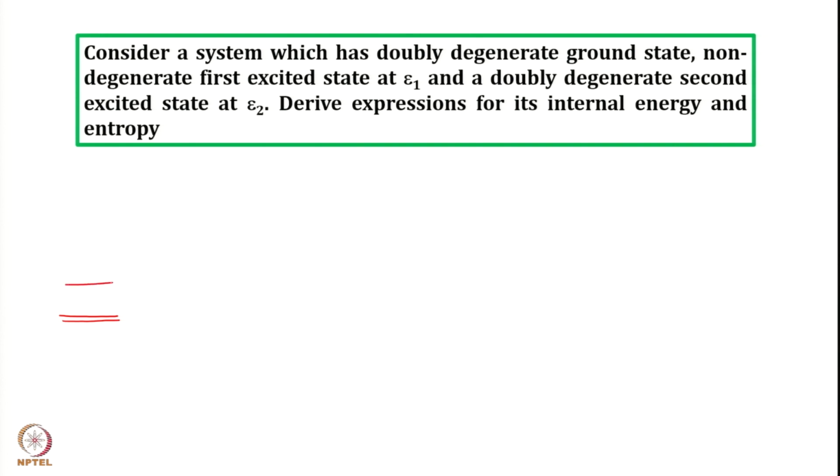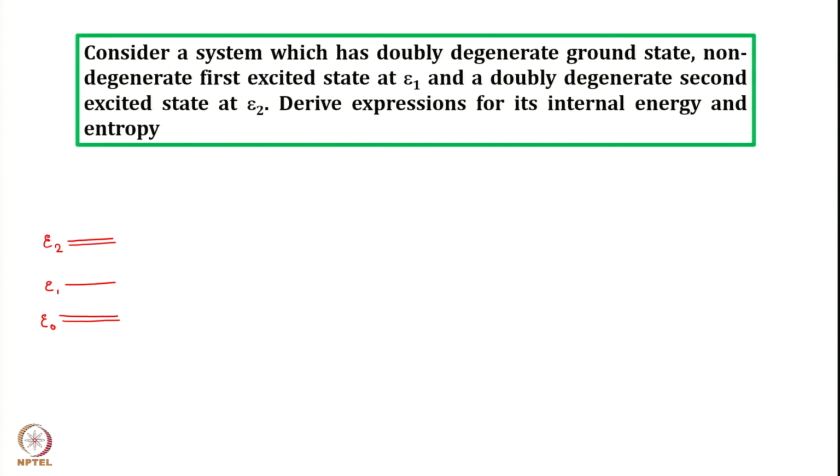Let's say this is a non-degenerate first excited state, and the energy here is E1, and a doubly degenerate second excited state. Let's say there is a second excited state which is doubly degenerate, and this is at E2. This is E0, E0 is equal to 0. Derive expressions for its internal energy and entropy.